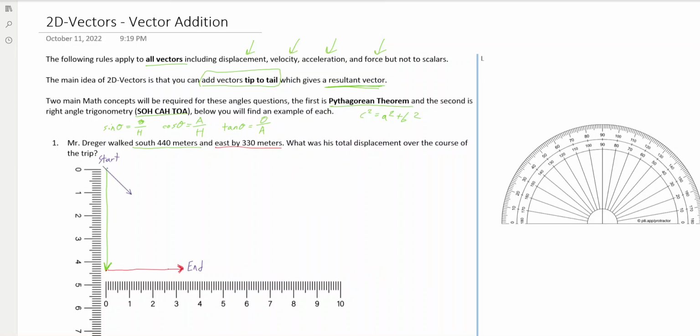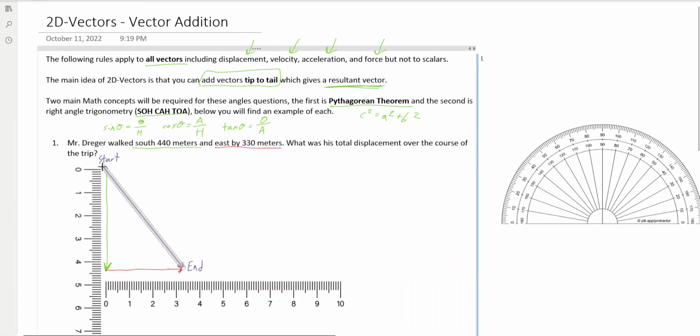Let's see if this works. Okay, it's not a perfect line here, but I think it gives a rough idea. Okay, so that is our resultant vector.